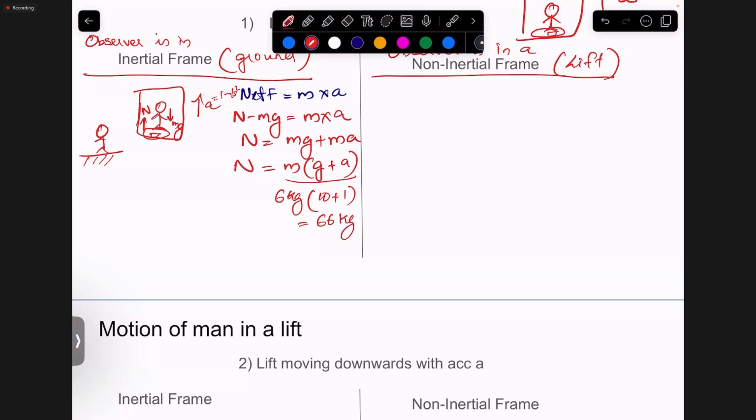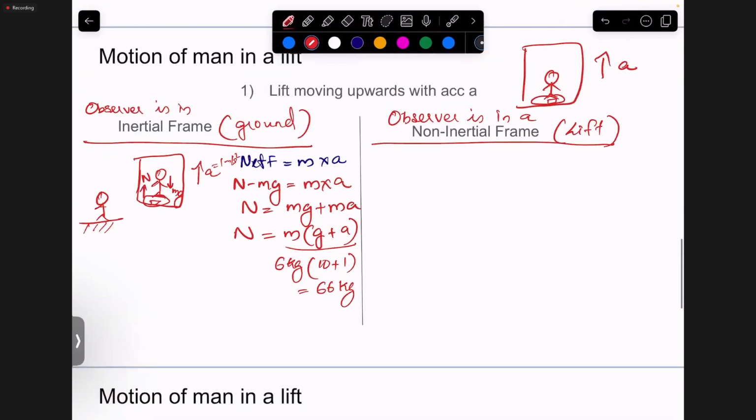And in the non-inertial frame, how will you calculate this? That is when we will remember our concept of zero force. So this is a lift. This man is standing on the weighing machine to calculate the reaction force on the weighing machine.